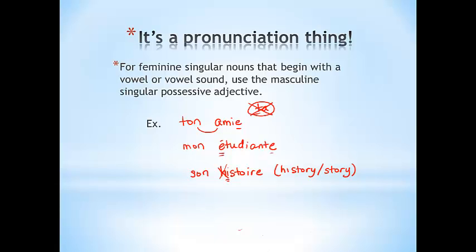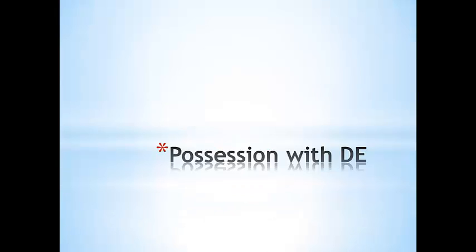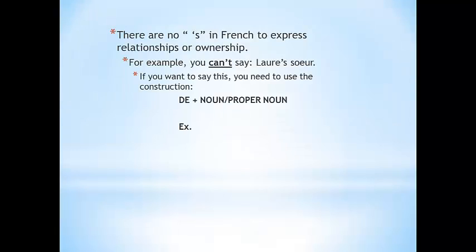All right, so we're going to move on now to possession with de. Okay. All right, so in French, there is no apostrophe S to express ownership or relationships. Okay, so for example, you can't say leurs sœurs.